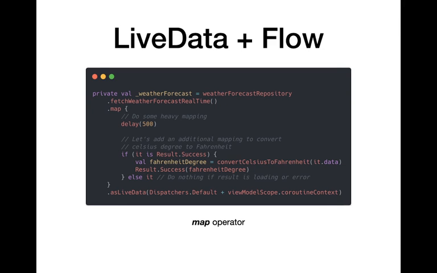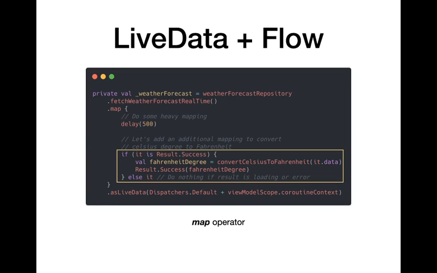We have the map operator. Let's say you're getting some data as Celsius from the backend and you want to convert it to Fahrenheit. The map operator is the best place to do it. And you can just convert from anything to anything inside the map operator.